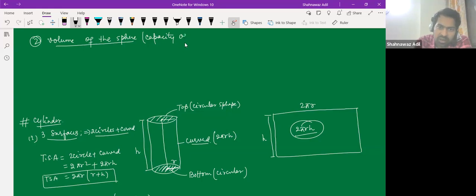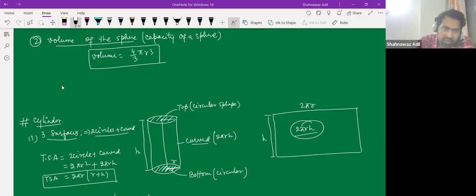So capacity of a sphere is given by 4 by 3 pi r cube. So that is the volume of the sphere. Okay, and then we have this hemisphere. So what would be the volume, guys?